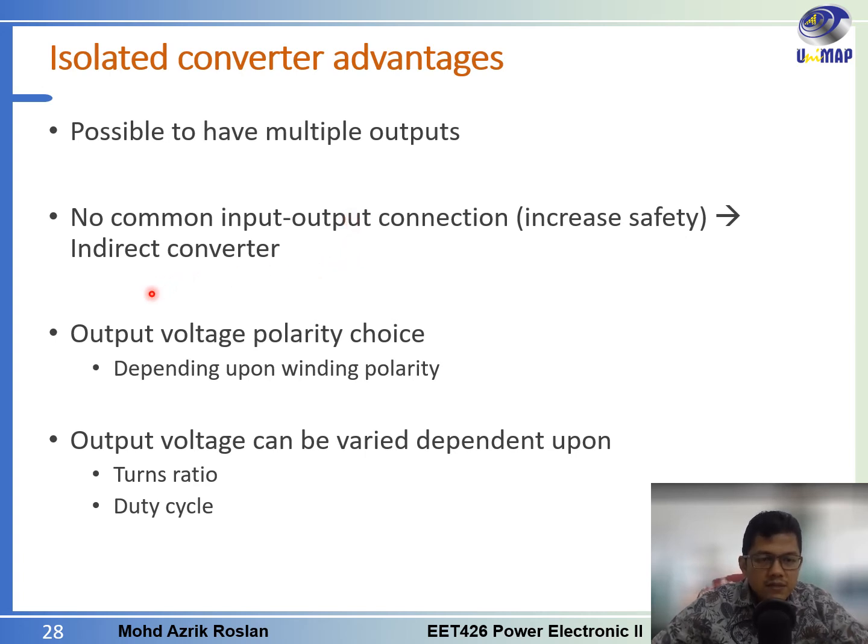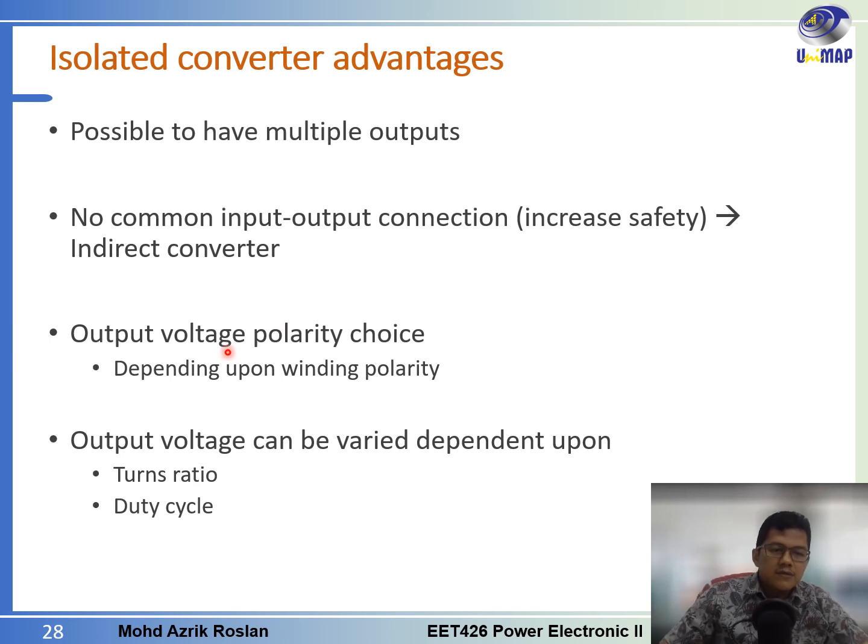And having a winding at the secondary of the transformer, we can change the output voltage polarity, because we can change how we wind the secondary, whether in a clockwise or anti-clockwise direction, and it will affect our voltage polarity.